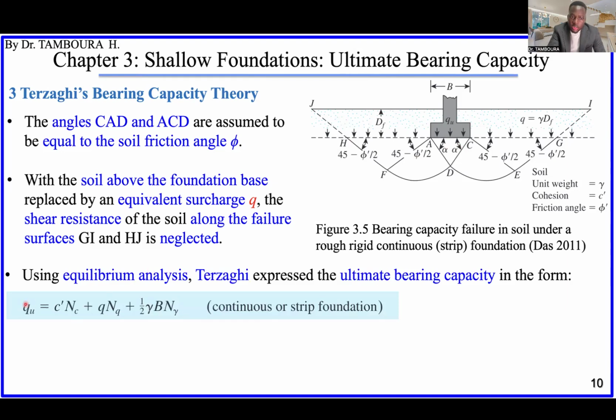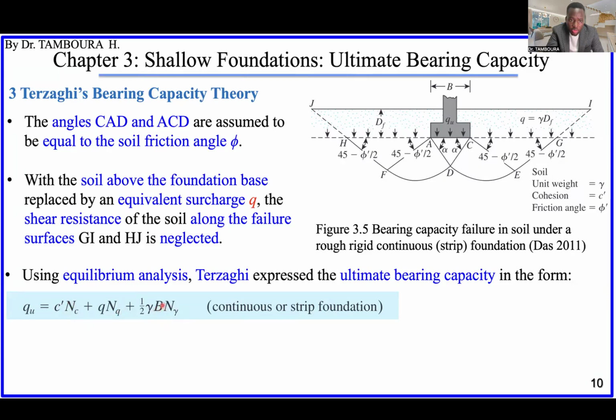Okay, q_u, ultimate bearing capacity, equal to c' N_c plus q N_q plus half of gamma B N_gamma. Okay, so this is the equation to obtain the ultimate bearing capacity of a strip footing, strip foundation only. And we are going to see what is the meaning of the N_c, N_q, okay?